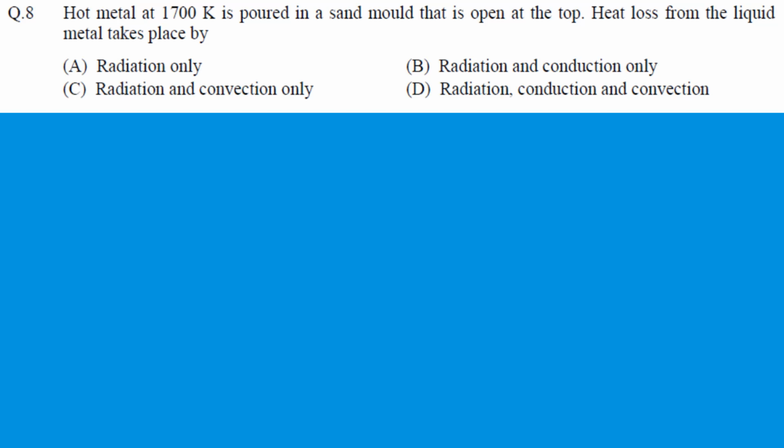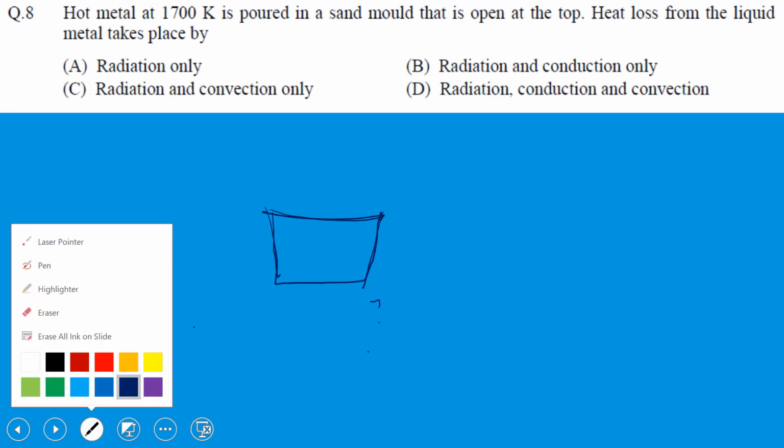Hot metal at 1700 K is poured in a sand mold that is open at the top. Heat loss from the liquid metal takes place by, in a sand mold. Suppose this is a sand mold. Okay guys, and we are putting hot metal.